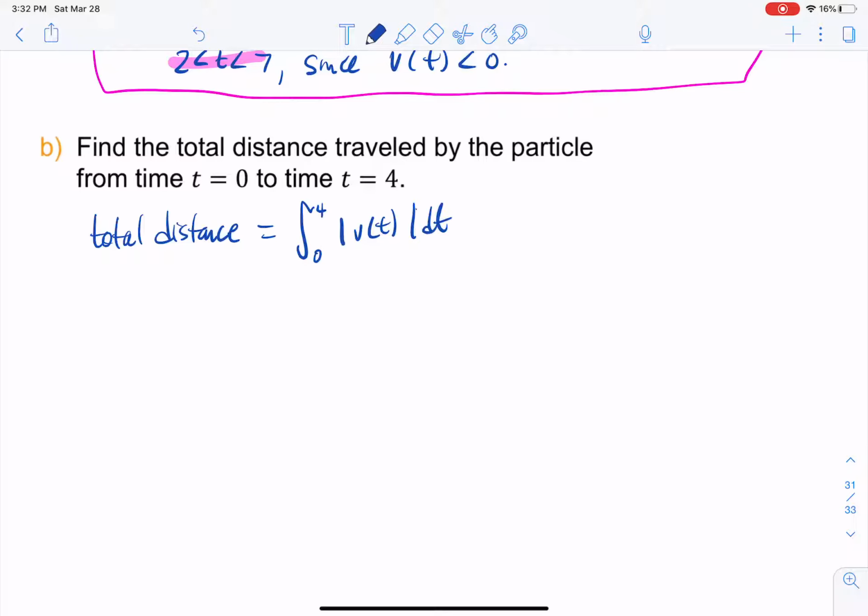Now I'll plug my v(t) in there, which was t² - 9t + 14 dt.